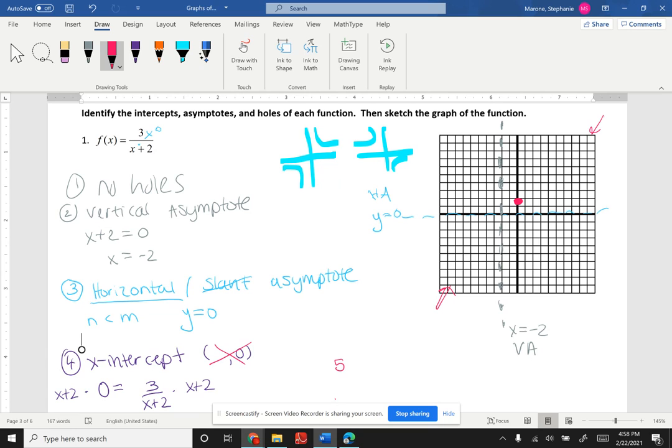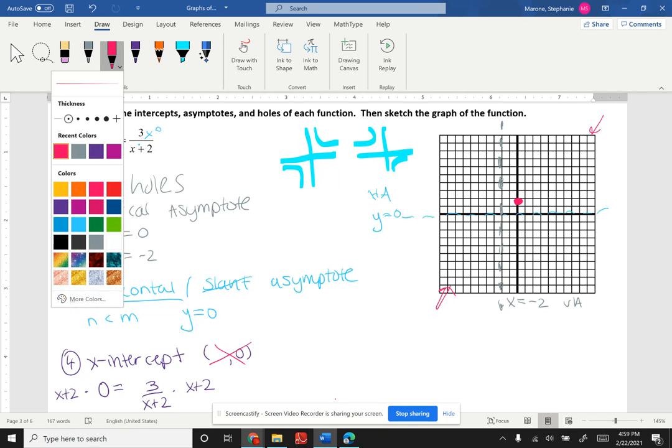So for the 6th step, we're going to find additional points to graph. I'm going to choose values of x to find values of y. Next part, I want to try to do it much neater.